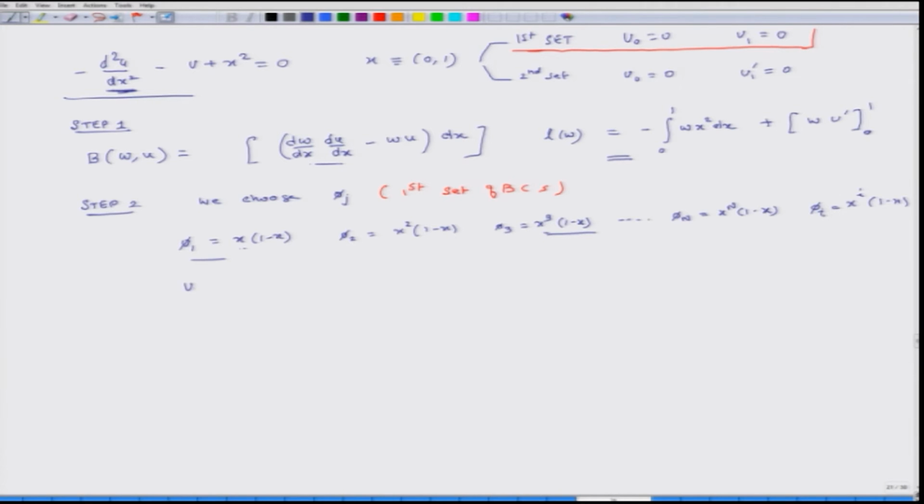So, my u_n, if it is an n-term solution, is equal to the sum of C_j phi_j, j equal to 1 to n. And if I put this, the overall equation is this thing.